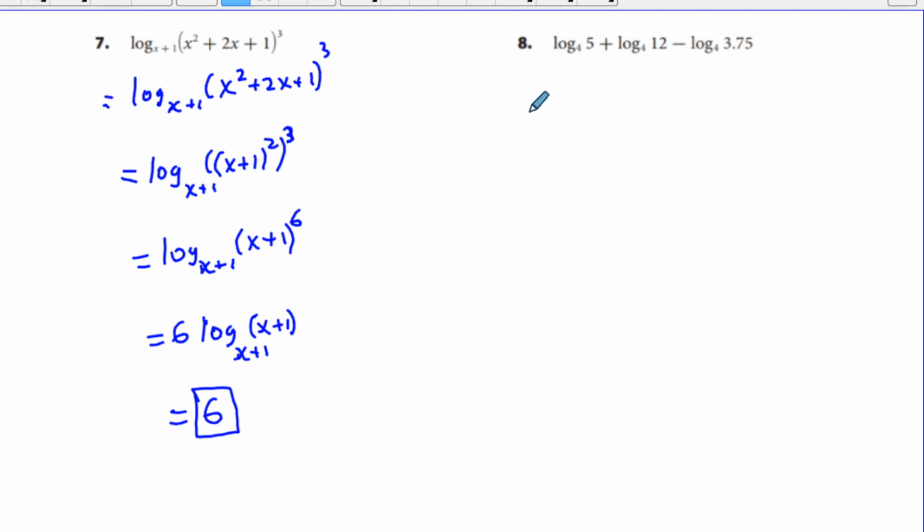We can rewrite this as log base 4 of 5 times 12. That's how we combine this using the product property, minus log base 4 of 3.75.